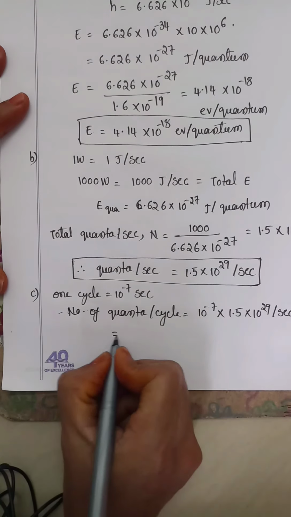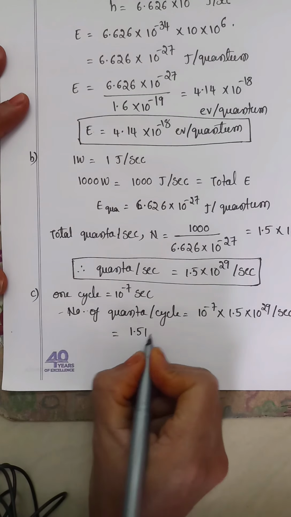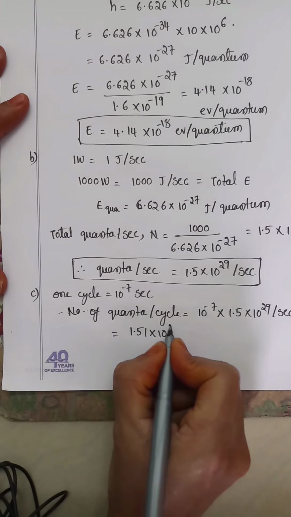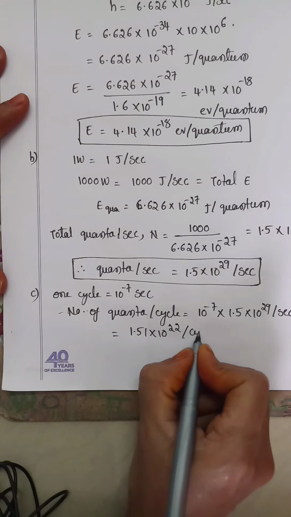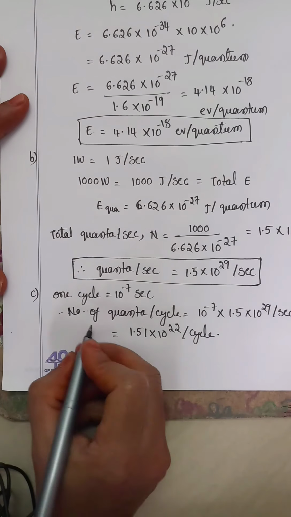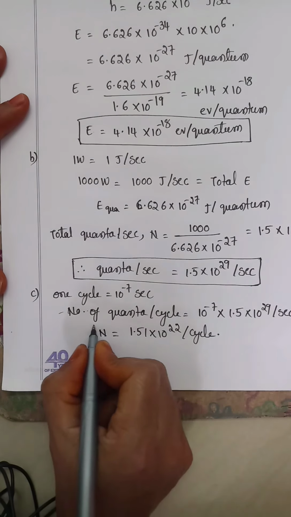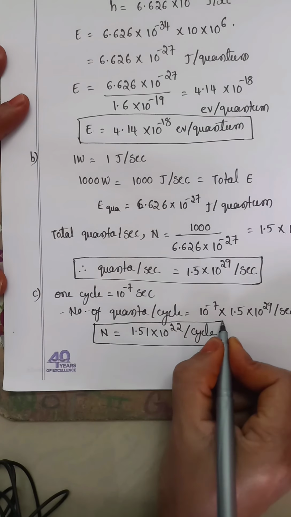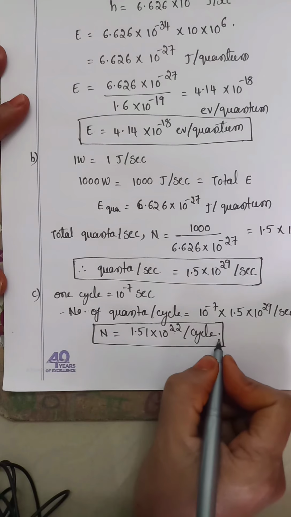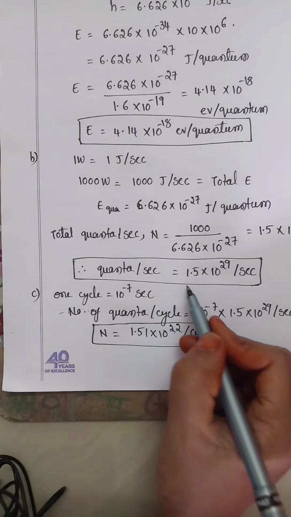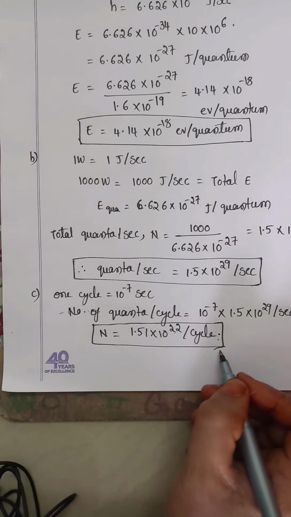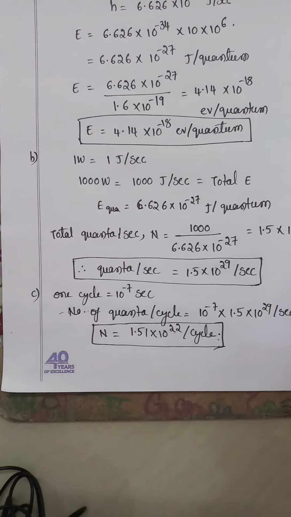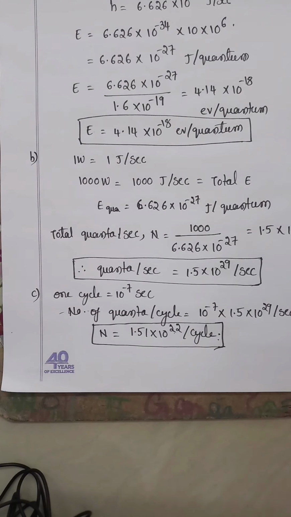If we multiply this, we get 1.5 into 10 to the power of 22 per cycle. The previous one is per second and the next one is per cycle. So all the tasks are completed and the problem that has been given to us is successfully done.